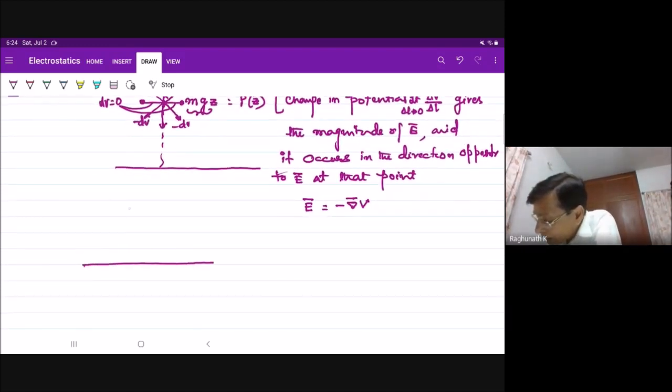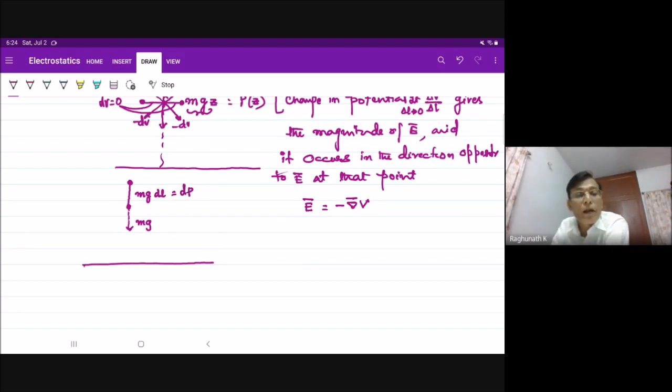In the gravitational field, mg is the downward force. Actually, when I move exactly in the opposite direction to mg, change in potential is mg dl, which is dp. For the same distance along a horizontal line, there is zero potential change. Correct? Downward it will be negative change. Maximum means what? It should be positive change that is maximum.